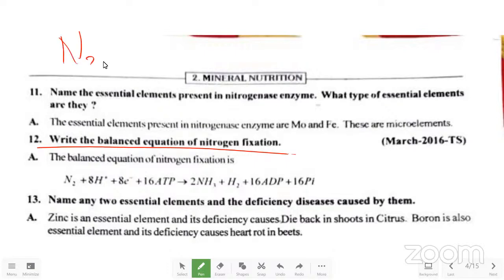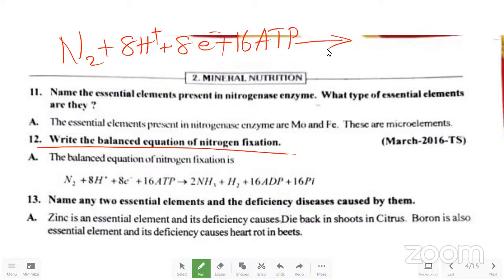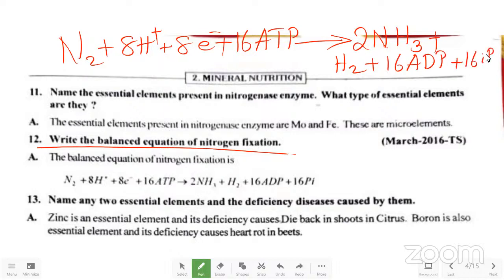N2 + 8H+ + 8e- + 16 ATP gives 2 NH3 + H2 + 16 ADP + 16 Pi.